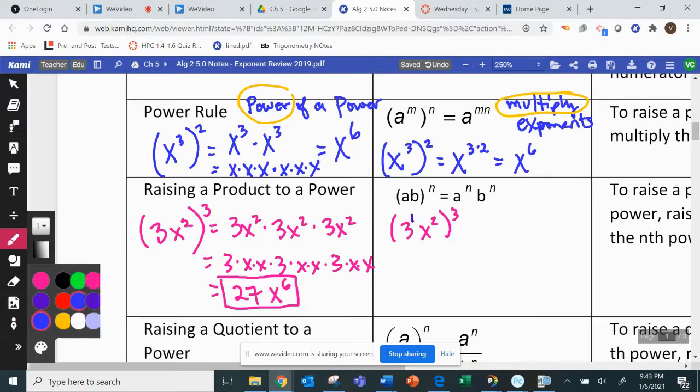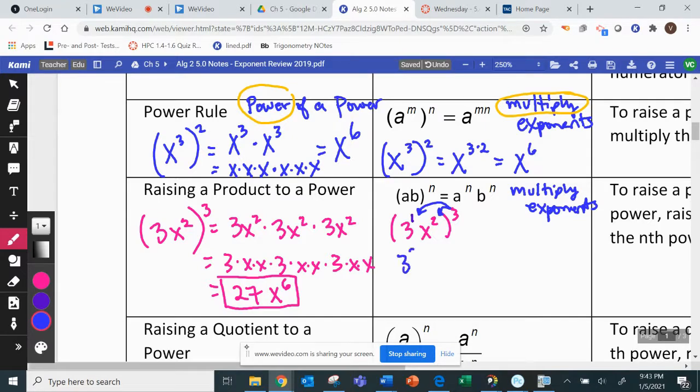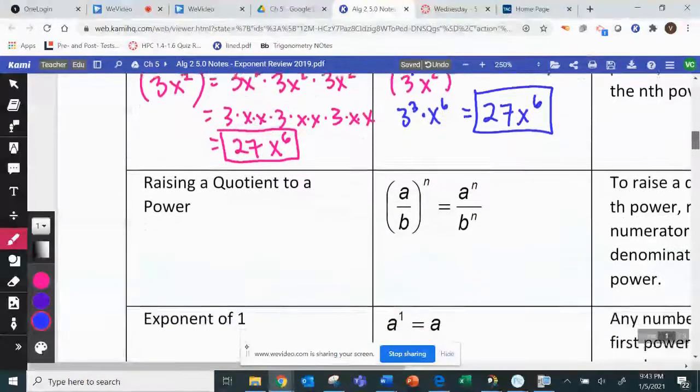So I'm going to multiply the exponents, but I'm going to do it to both parts of the product. So I'm going to have 3 to the third multiplied by x, and then I multiply these to the 6. And then 3 to the third is 27, and then x to the 6. Shortcuts. You should have done all of this before.